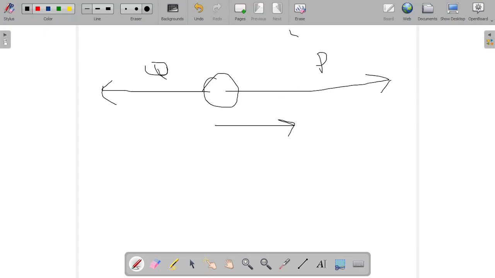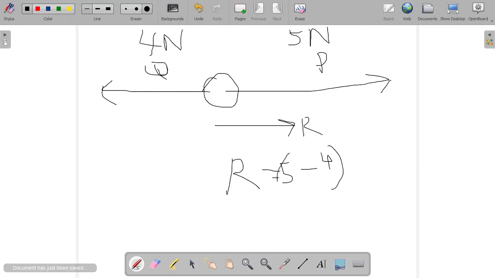Because P is a vector of 5 newtons and Q is 4 newtons. In vector analysis, the direction of the resultant will lie with the vector of greater magnitude. So R is equal to 5 minus 4 newtons, because they are acting in different directions, which is equal to 1 newton.